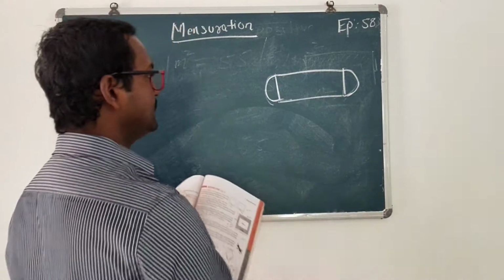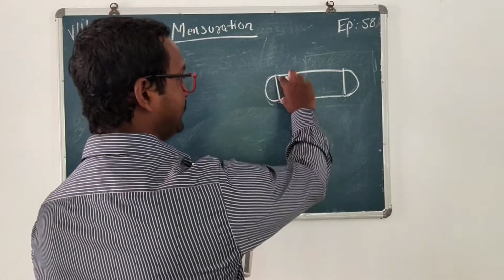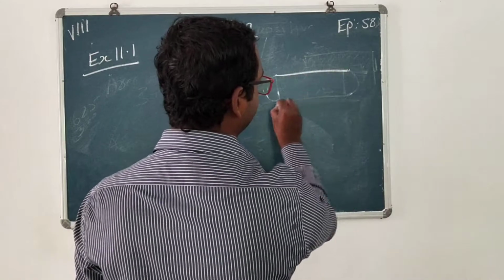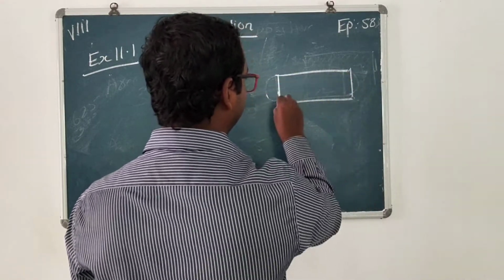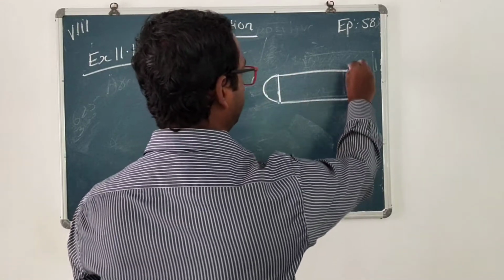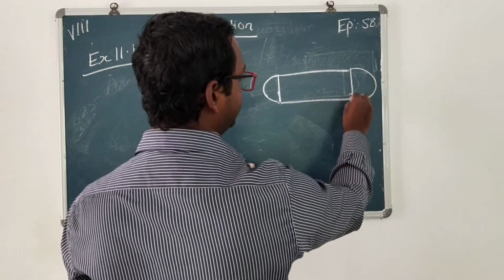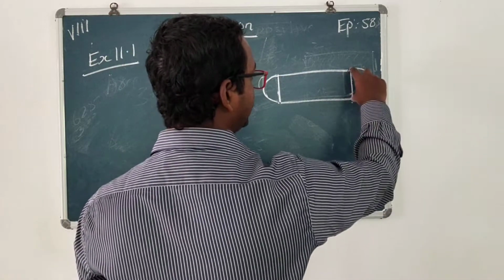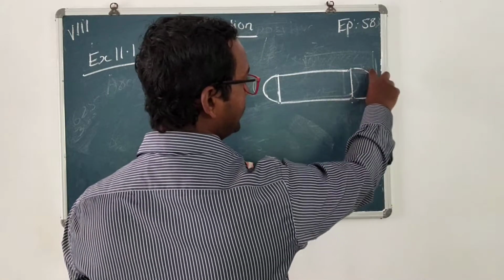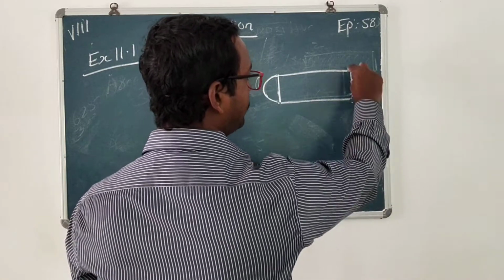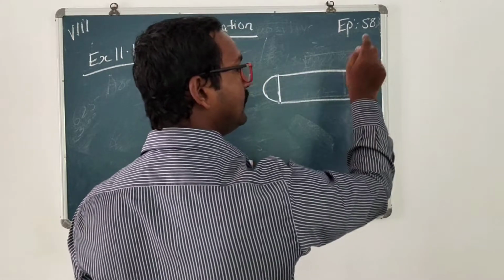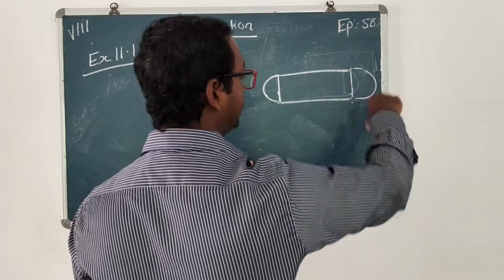Okay, so in the semicircle, remember this entire part, which is the width or the breadth of the rectangle, is actually the entire diameter of the semicircle. So if you want to find the radius, we have to find just half of the breadth.